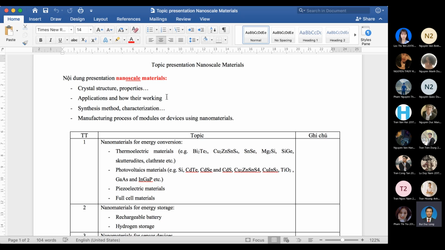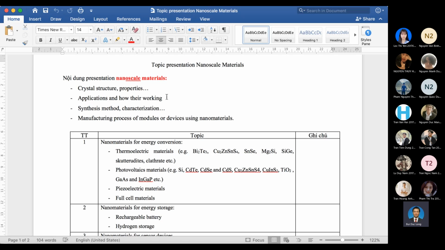For example, if you want a certain nanomaterial for a biology application, you have to explain how this material works for health applications, or how it can work for bone replacement.